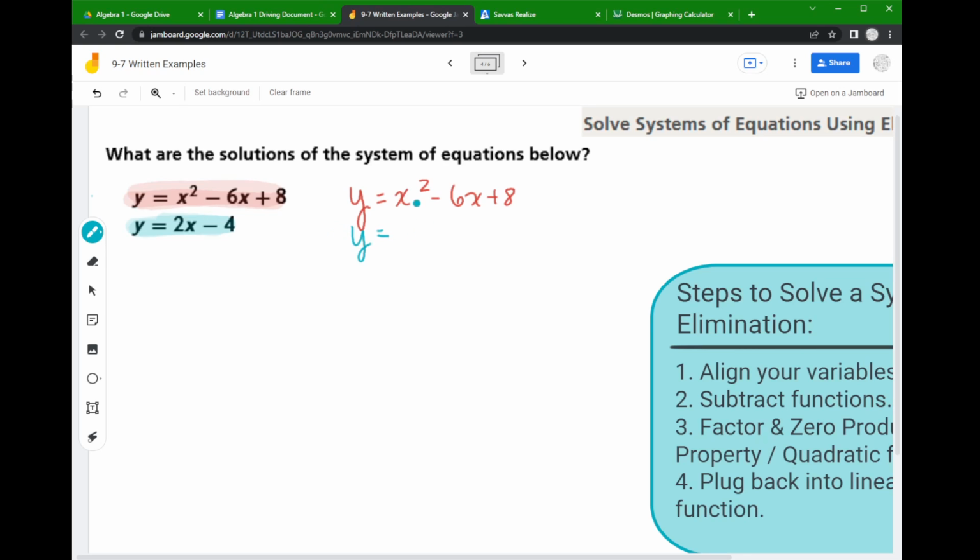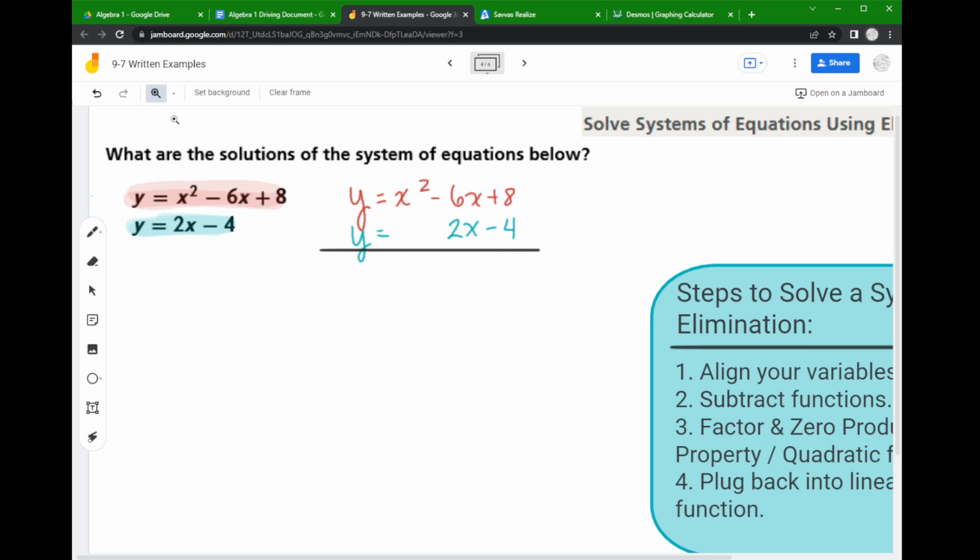Alright, I'm not going to put the 2x under the x squared. I'm putting it underneath the 6x so that everything's lined up neatly. Same thing with the minus 4. It belongs with the 8. And in lining up those variables, I find that it makes it a lot easier when I get to the second step, which is to subtract the functions.